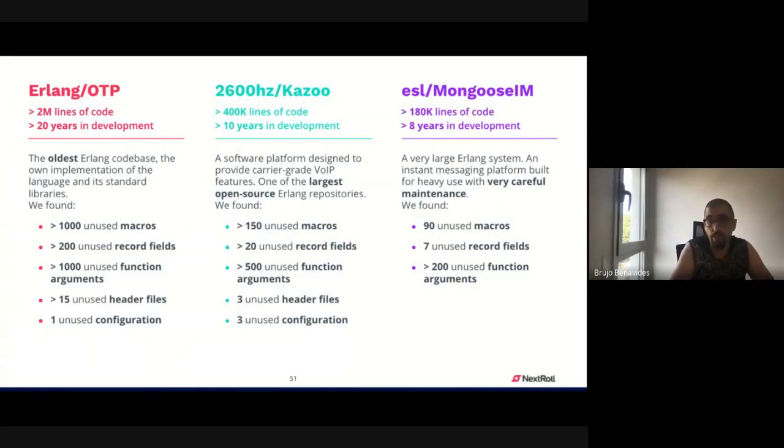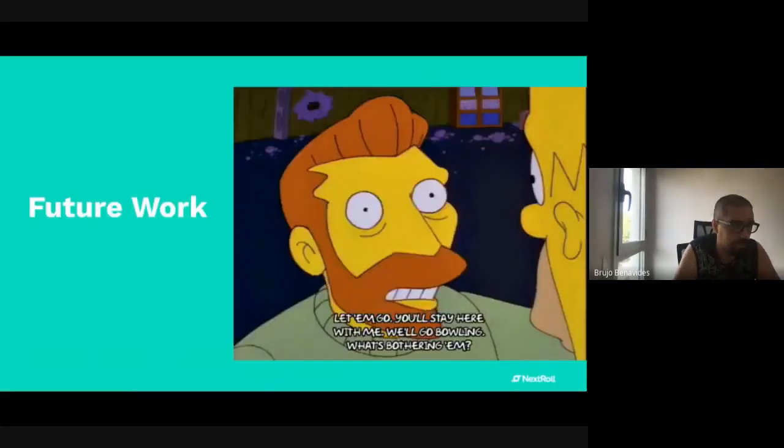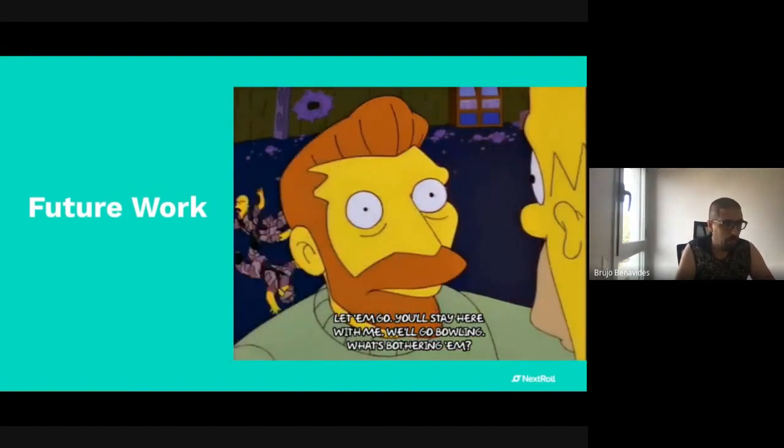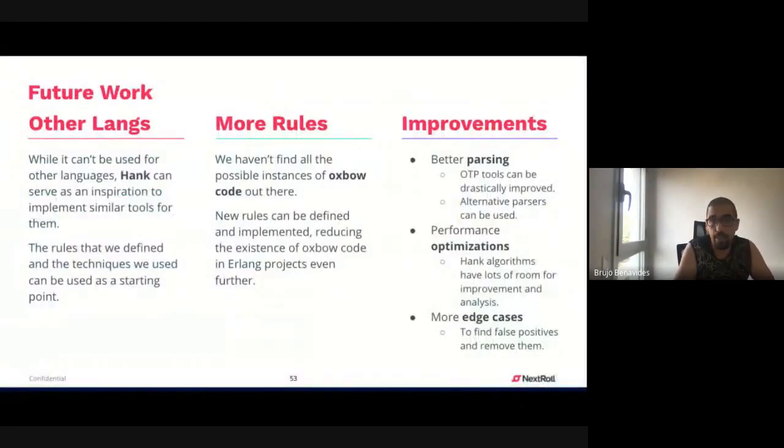And then we tried on a project that I personally contributed to in the past, and I knew it was very carefully maintained with lots of code reviews and test-driven development and whatnot, the MongooseIM project by Erlang Solutions. And still, we found unused macros, unused record fields, and unused function arguments. So this, for us, proves the importance of having a tool like this one in our ecosystem. And now what? Well, Hank can serve as an inspiration.